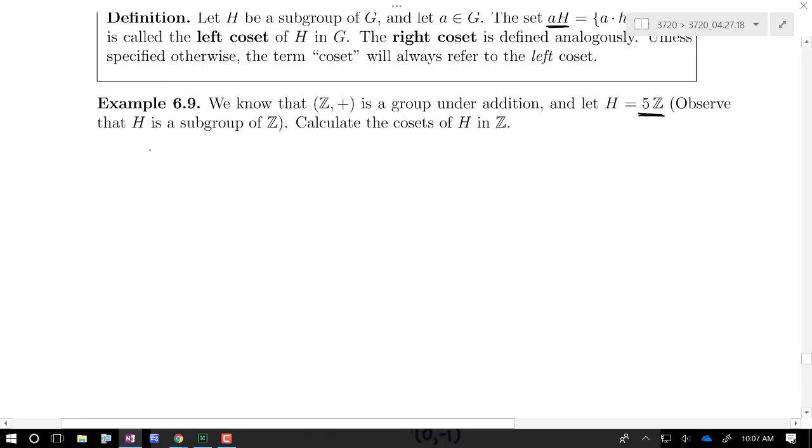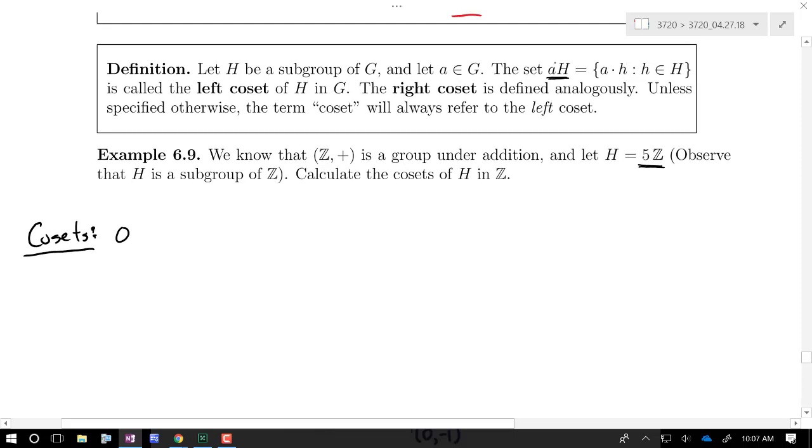So let's begin. We start by taking an integer. Maybe we could start with 0. In the general notation I'm using the multiplication notation, but obviously we're going to use the operation that is defined in our group.